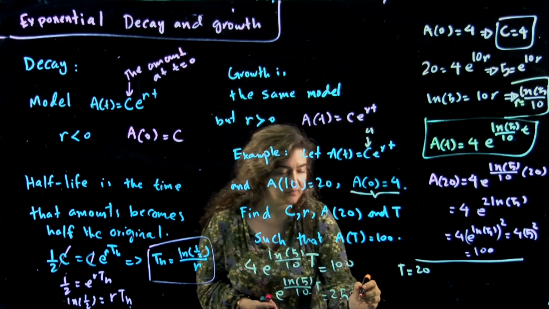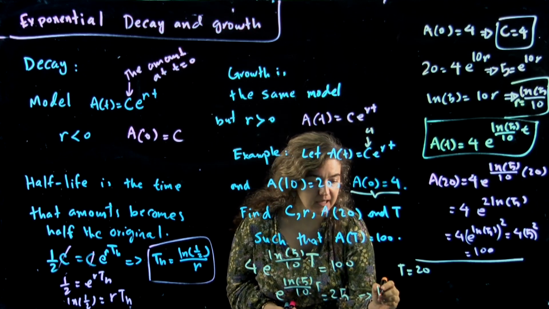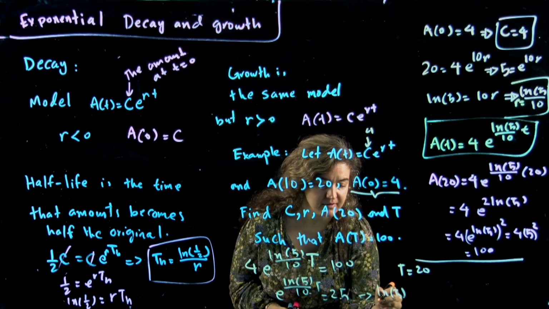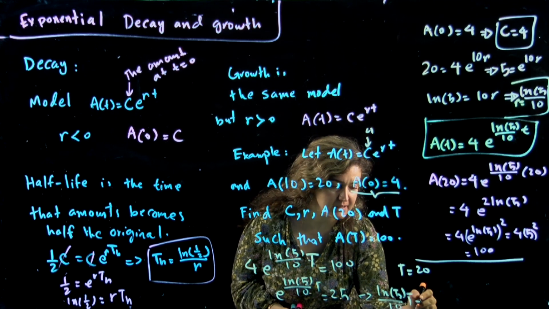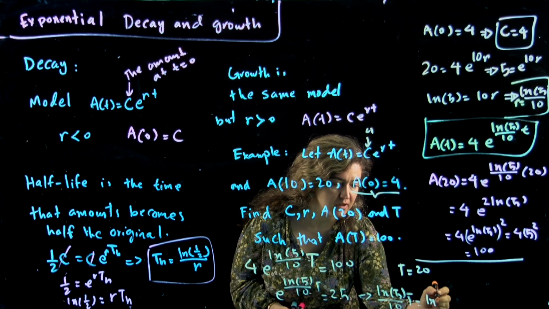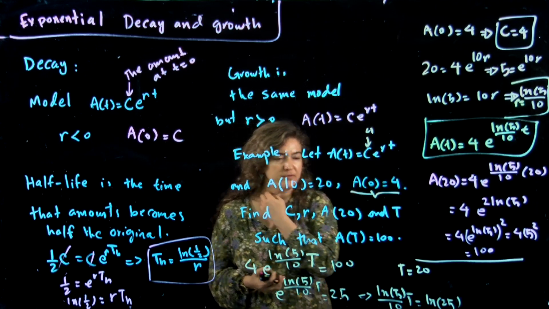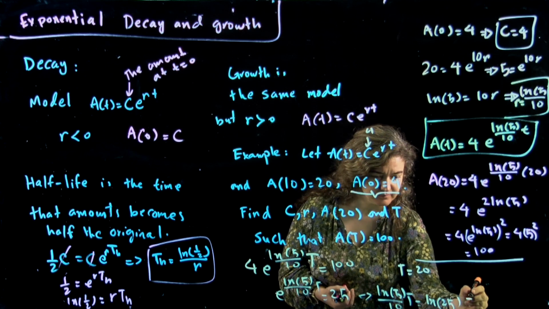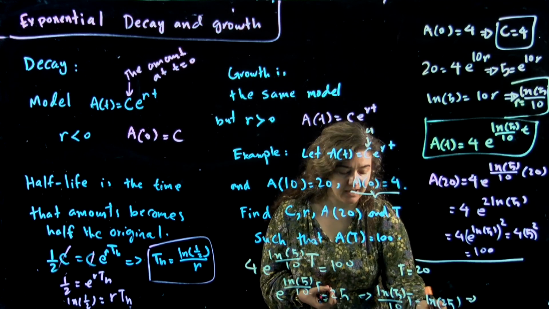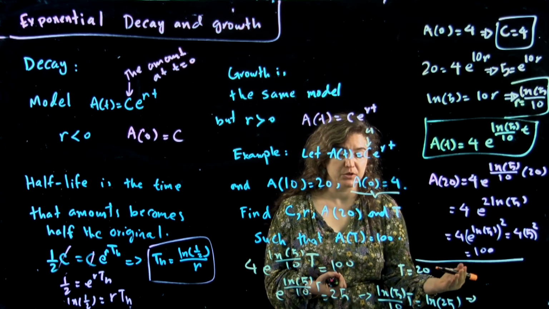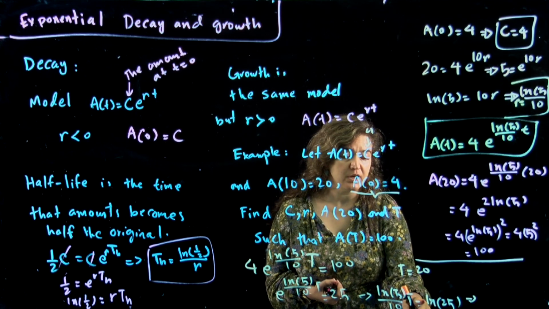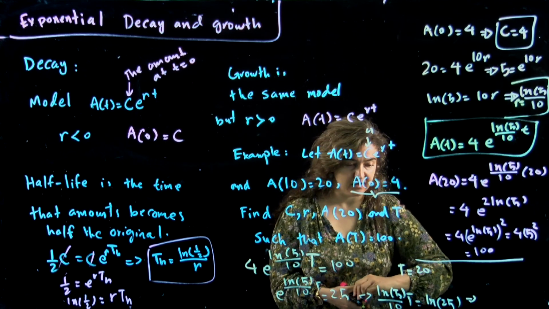Take the natural log of both sides, and you get ln of 5 divided by 10 times t is equal to natural log of 25. You can simplify this. Ln of 25 is actually ln of 5 to the power 2, and therefore it's 2 times ln of 5.